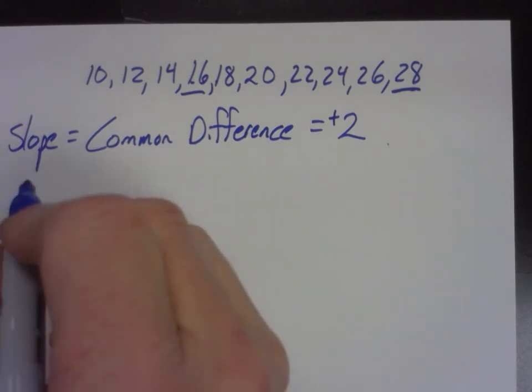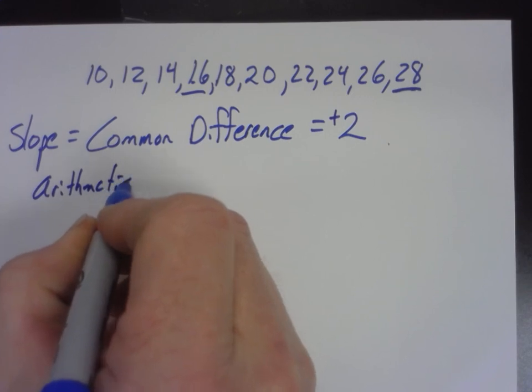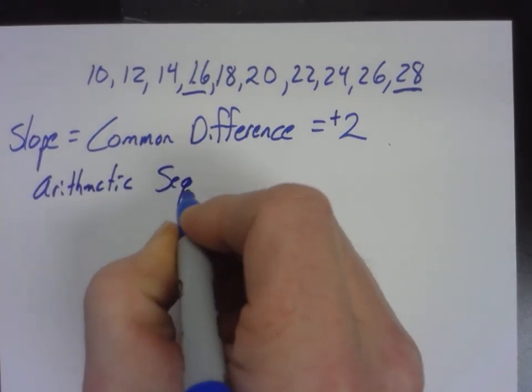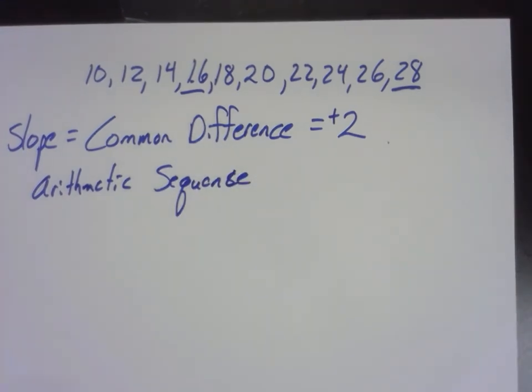And that means there's a plus-minus thing going on. It's either plus 2, plus 2, plus 2, or maybe it's minus 6, minus 6, minus 6.